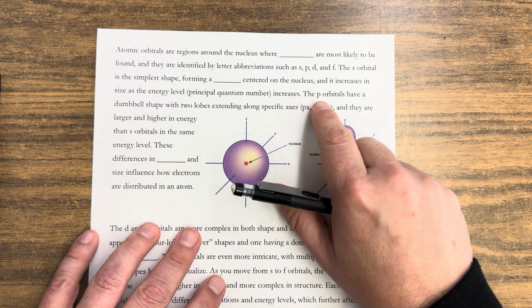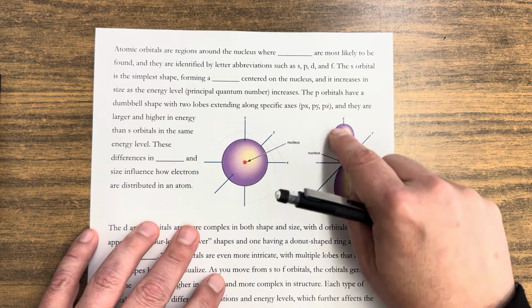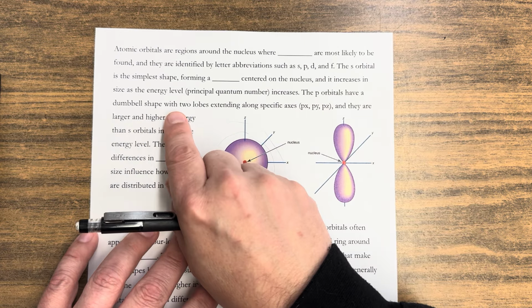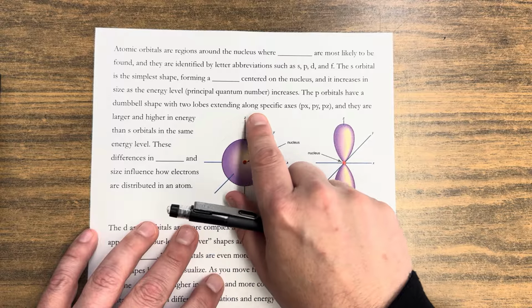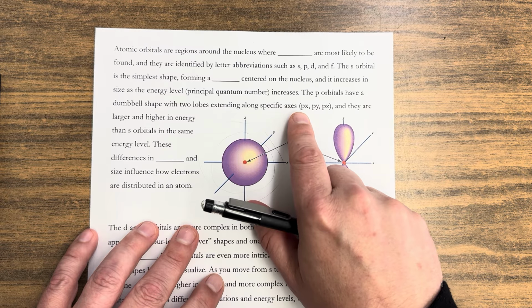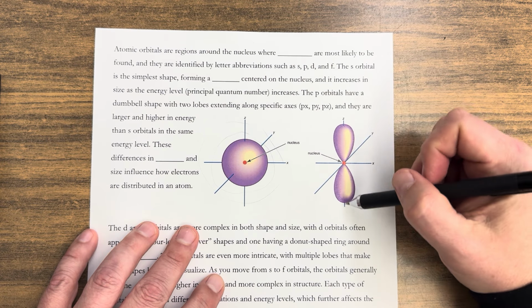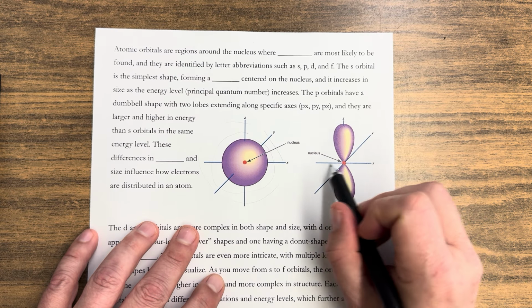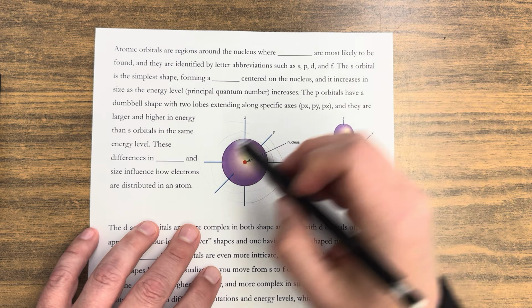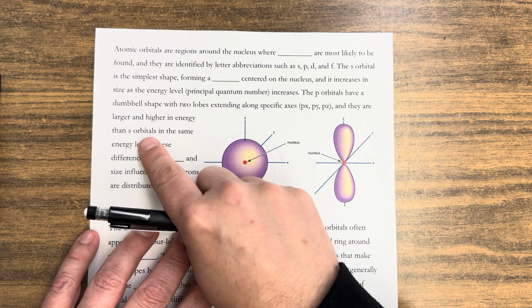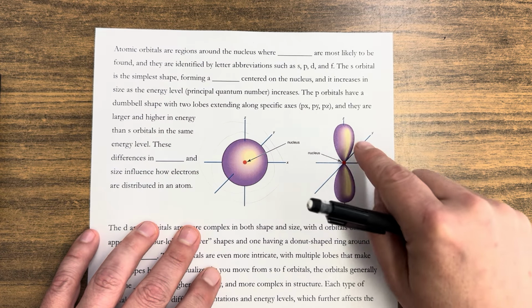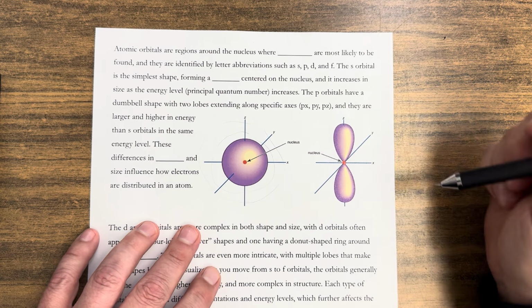Okay. The p orbitals here have a dumbbell shape with two lobes extending along specific axes. So it could be the z-axis like here, or the y-axis, or the x-axis. And they are larger and higher in energy than the s orbital in the same energy level. So more energy here than in the s orbital.